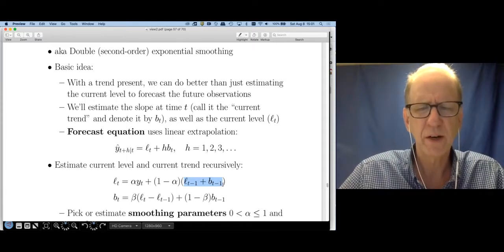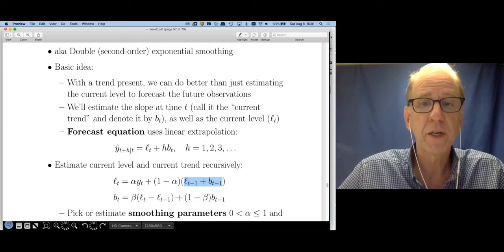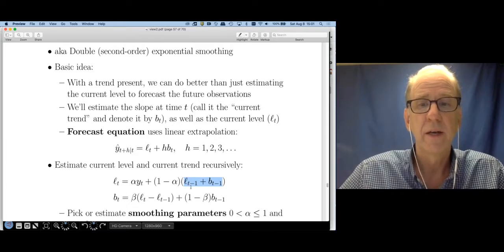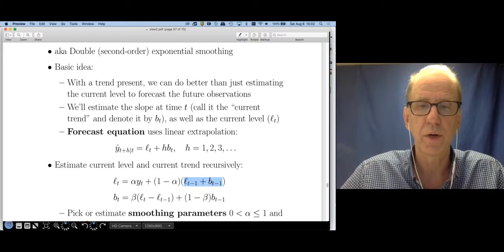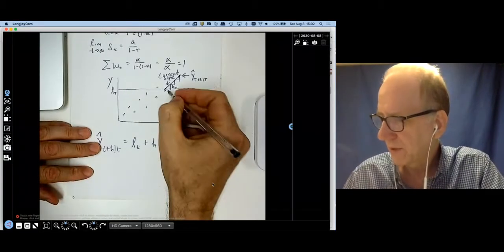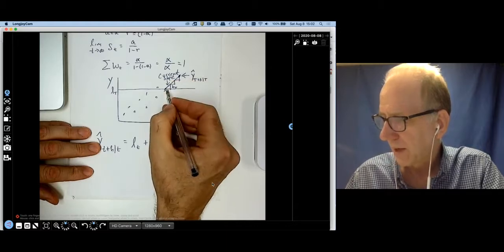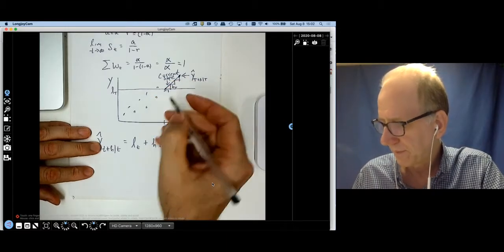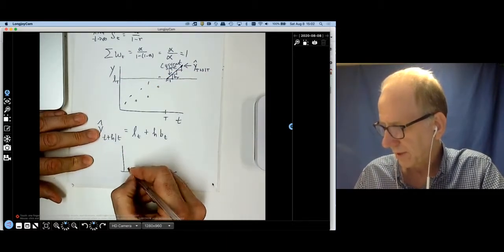So what's the predicted value of time t? Well, it's going to be the level I was at time t minus 1 plus 1 slope of what I had back at time t minus 1. So in my picture, let me draw it again.